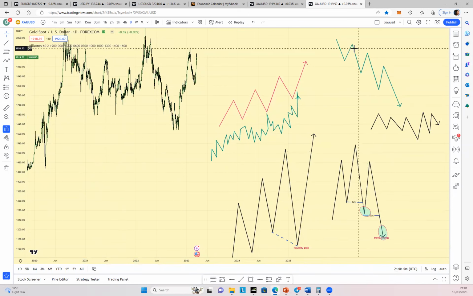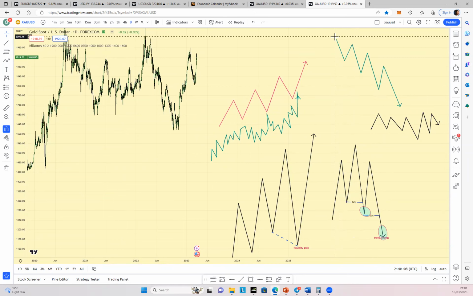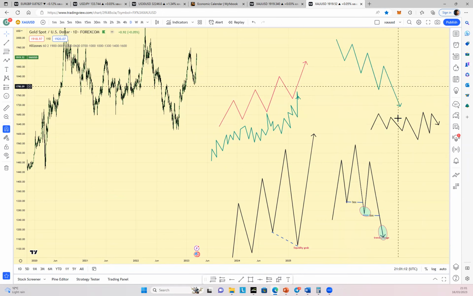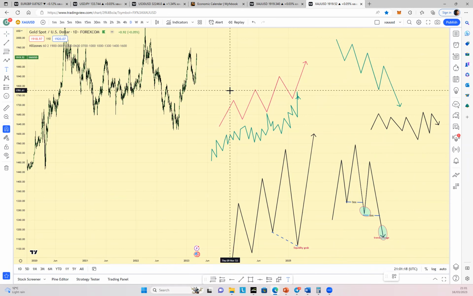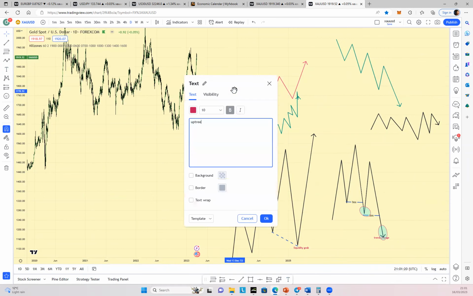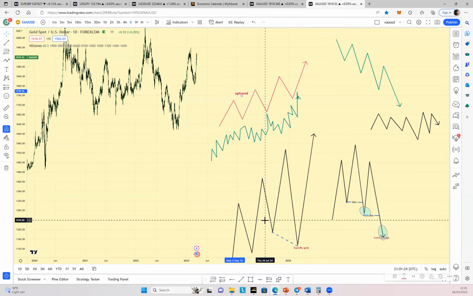For a downtrend, this is what price does: lower low, lower high, lower low, lower high, lower low, lower high. It just keeps going down. So this is an uptrend, and this is a downtrend.